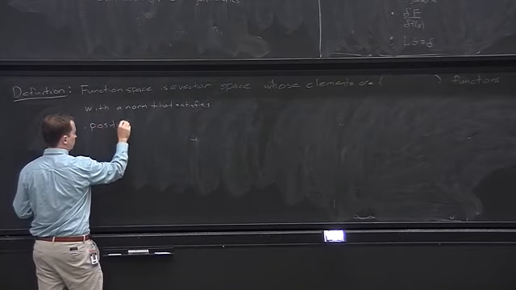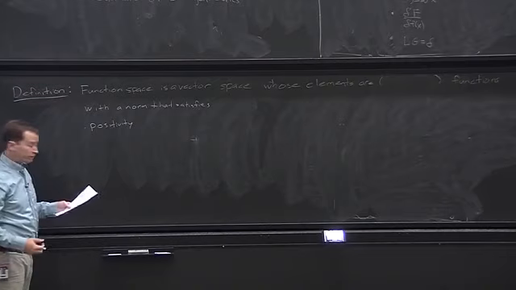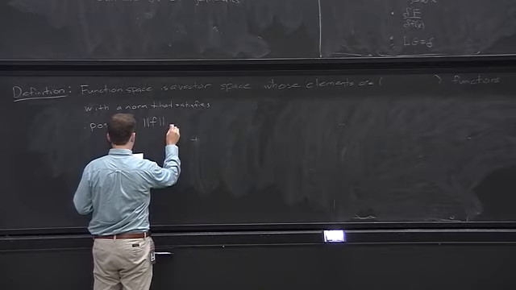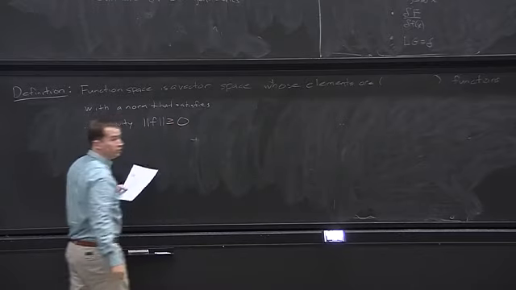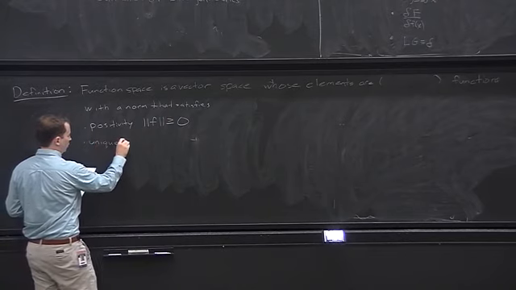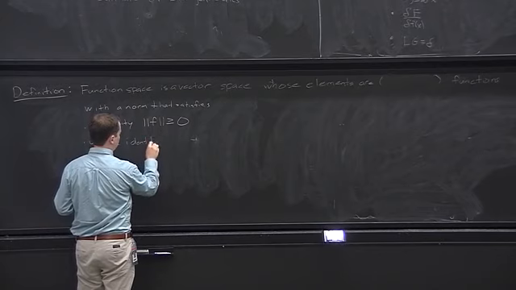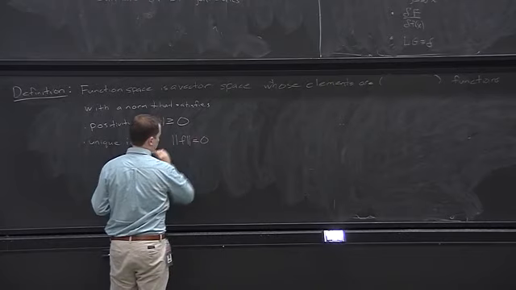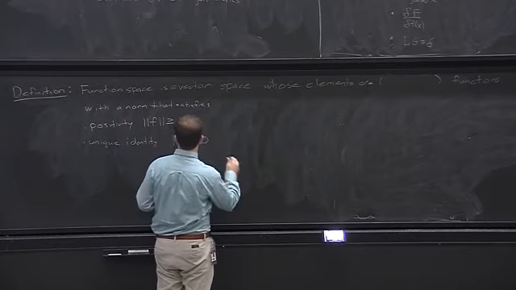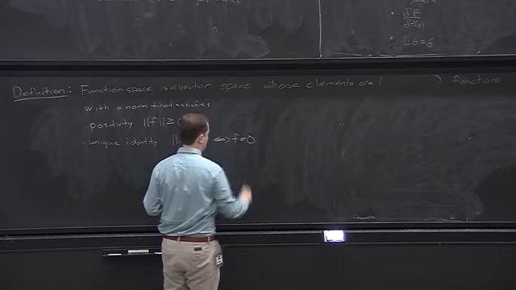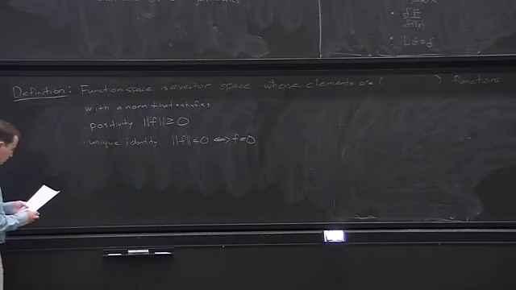positivity, just the usual properties of a vector space. So the norm of any element of our vector space should be non-negative. Unique identity: there's only one vector with length 0, the 0 vector, or the 0 function.